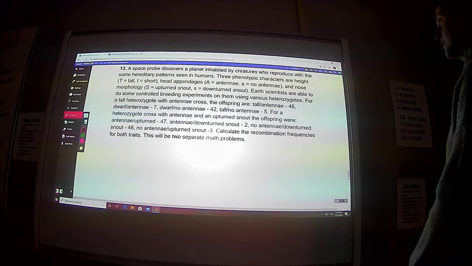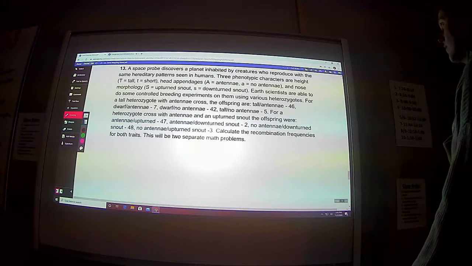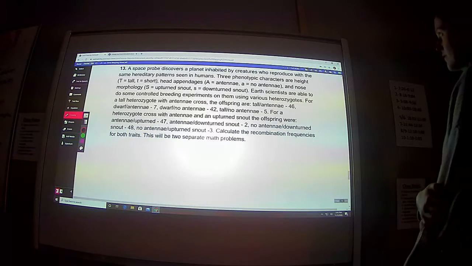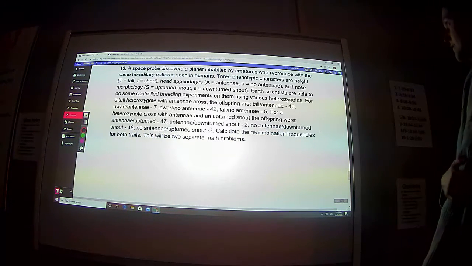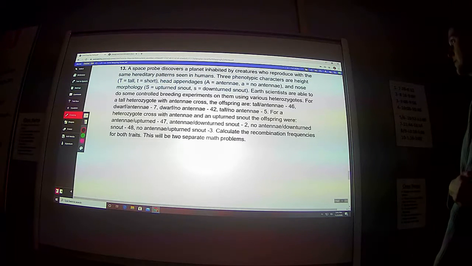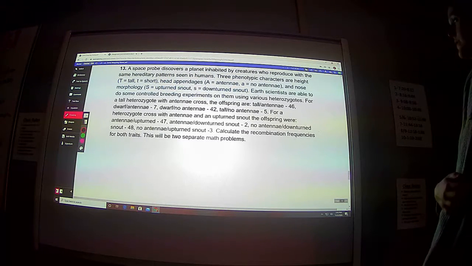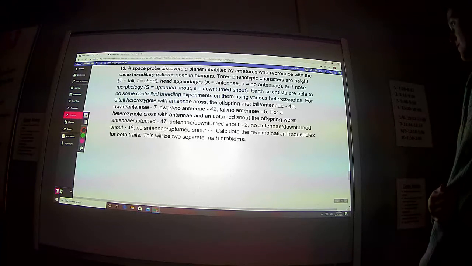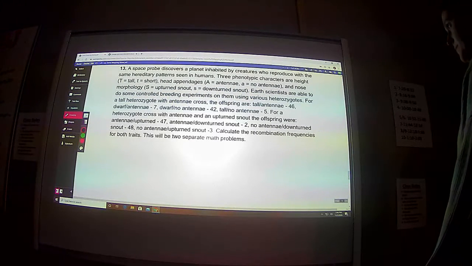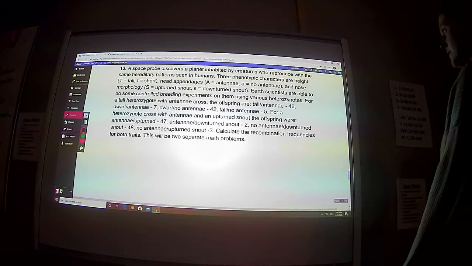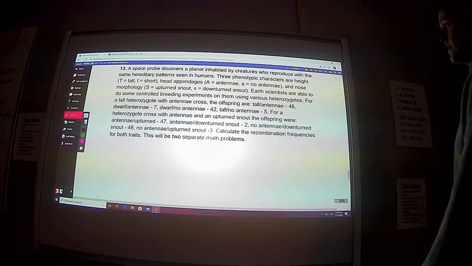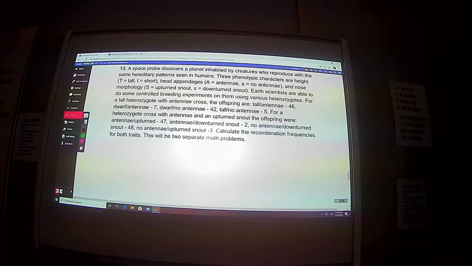For a tall heterozygote with an antenna cross, the offspring are tall antennae 46, dwarf antennae 7, dwarf no antennae 42, tall no antennae 5. For a heterozygote cross with antennae and an upturned snout, the offspring were antennae upturned 47, antennae downturned snout 2, no antennae downturned snout 48, and no antenna upturned snout 3. Calculate the recombination frequencies for both traits. These will be two separate math problems.